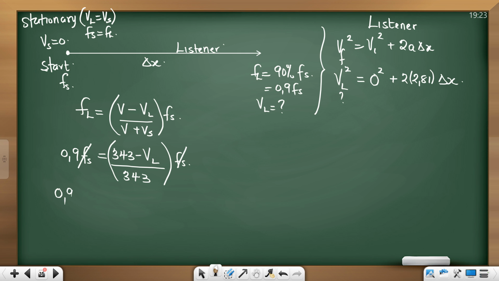Now, cross multiply. 0.9 multiplied by 343 equals 343 minus VL. Come, give me an answer. If I bring that VL over, what will it be? Do the maths for me quickly.